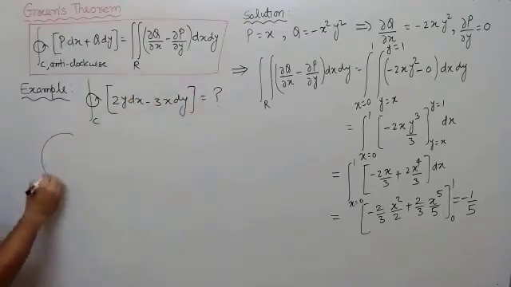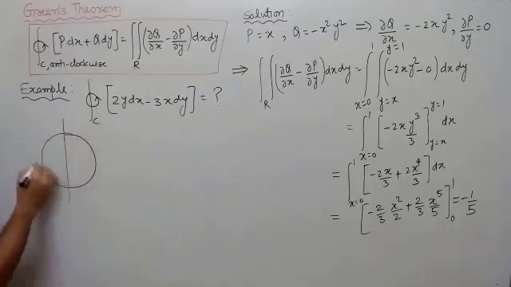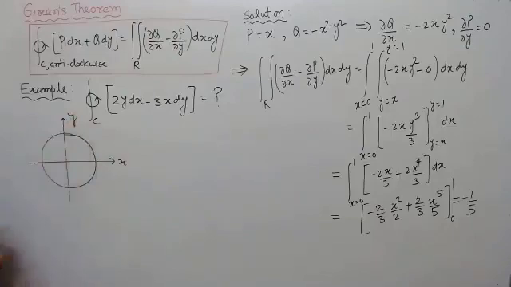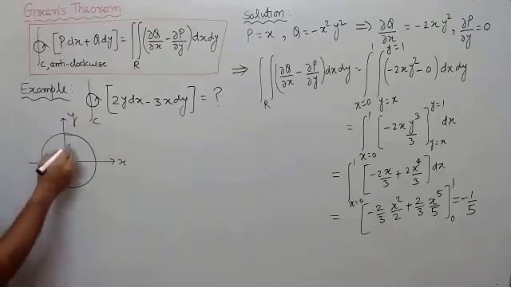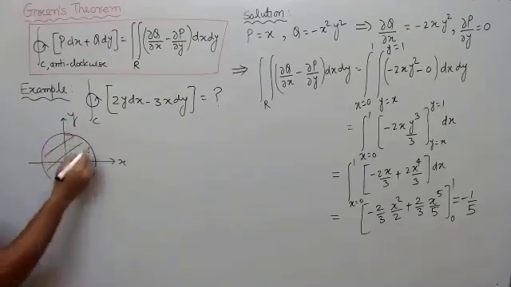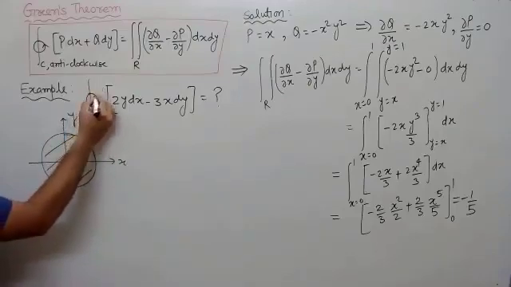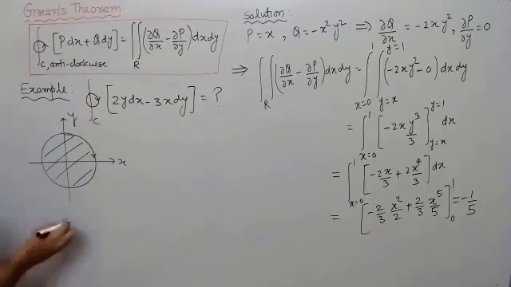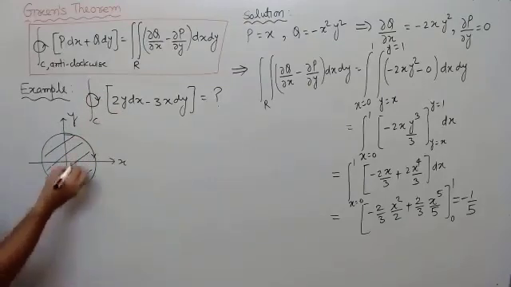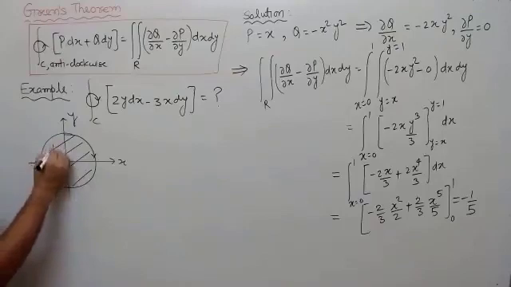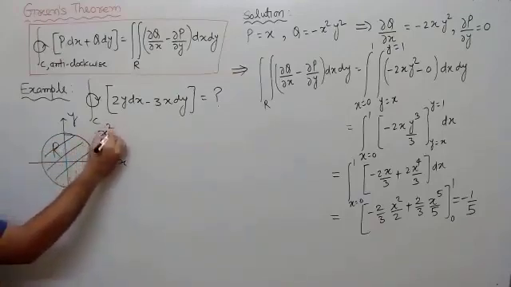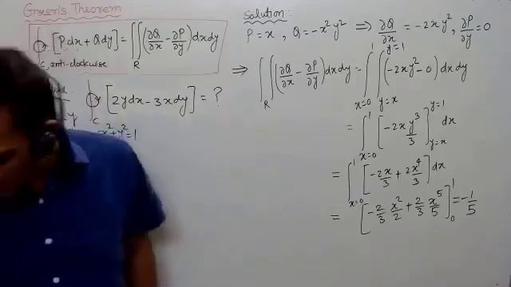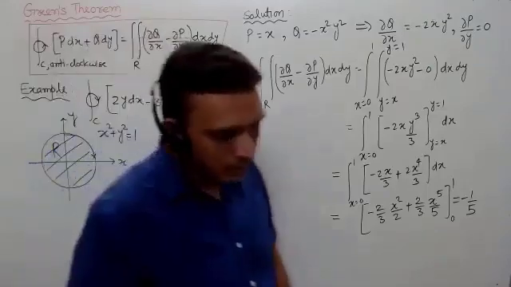And now you have a circular region. In xy plane, you have a circular region, and now this direction is, let us take it as clockwise. This is the region R, and equation of the circle is x square plus y square is equal to 1.